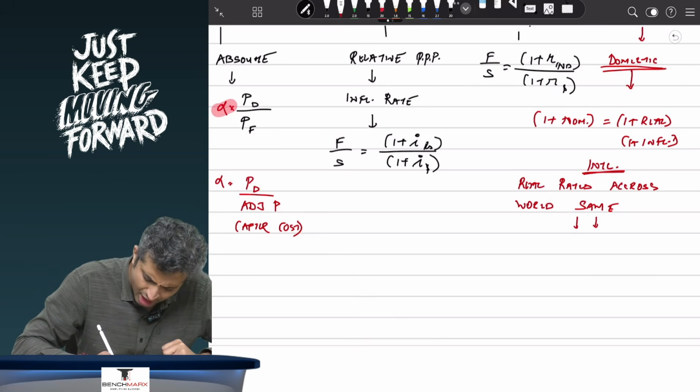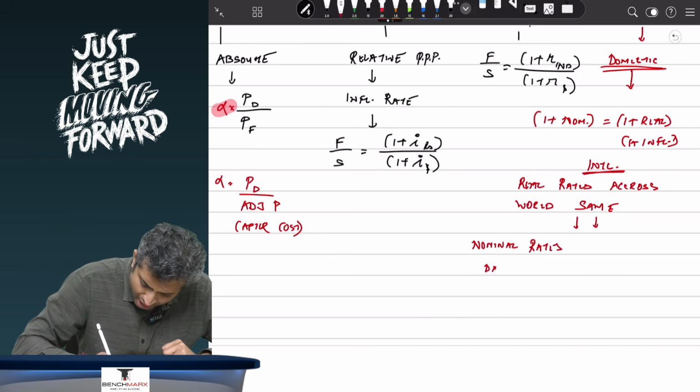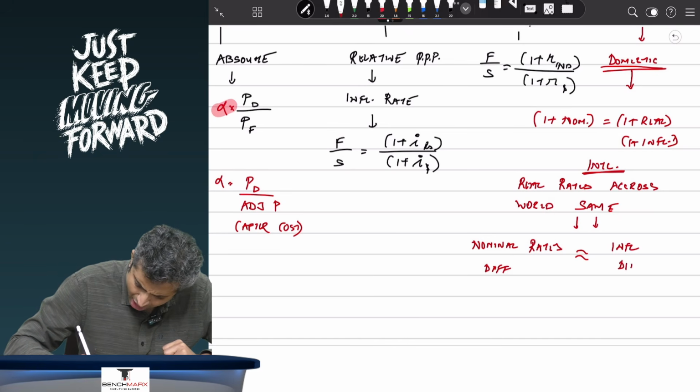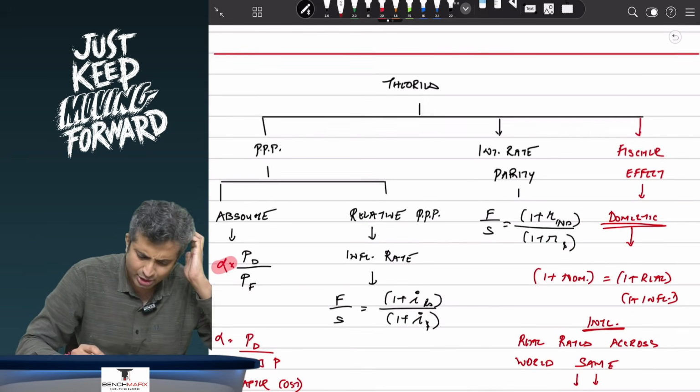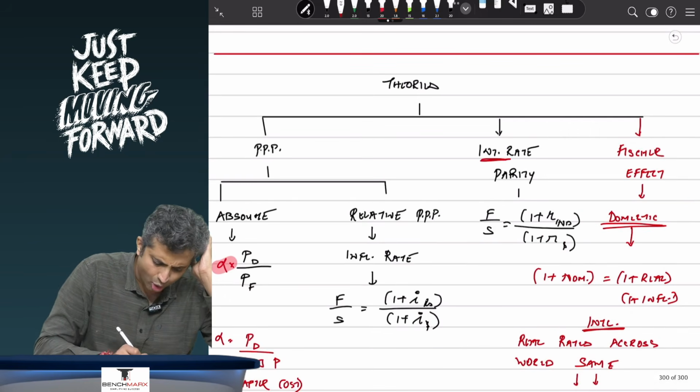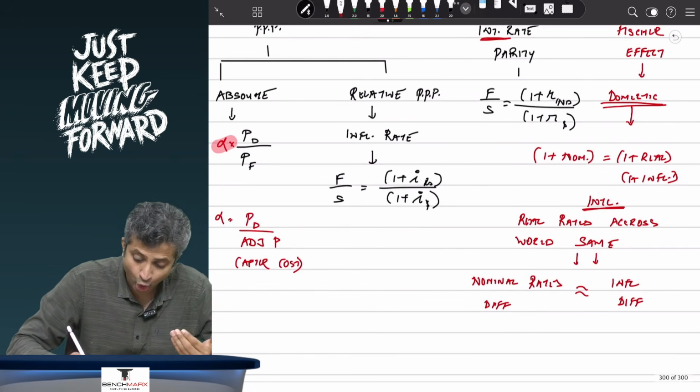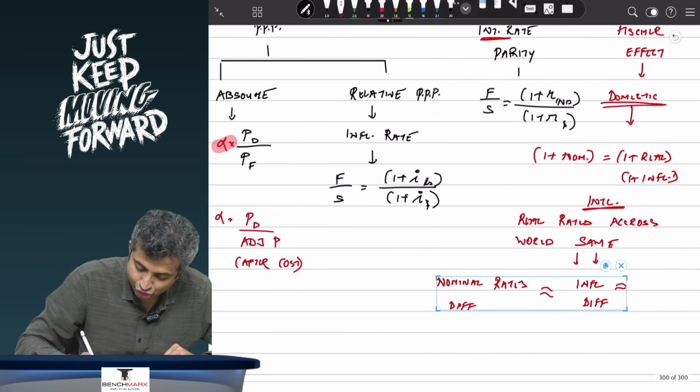So over here, we can say the nominal rate differential, whatever it is, will approximately equal the inflation differential. However, we have also studied using IRP, interest rate parity, or inflation rate parity, that is also approximately equal to the exchange rate differential.